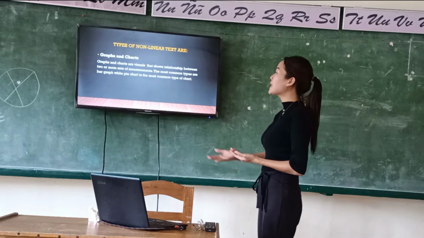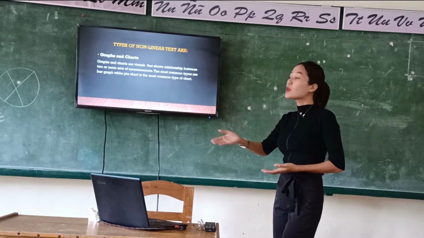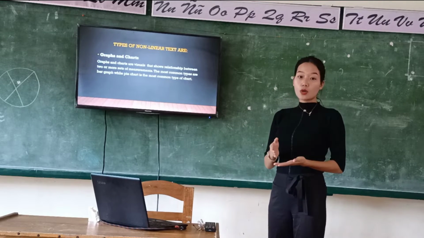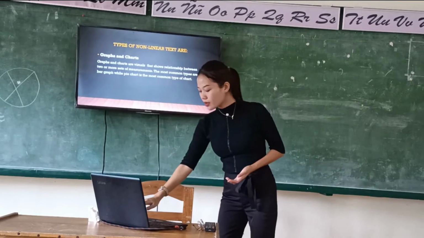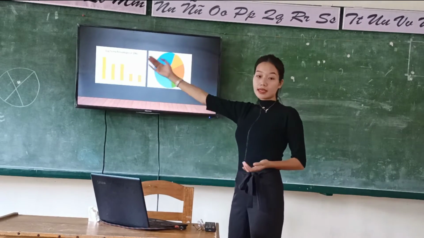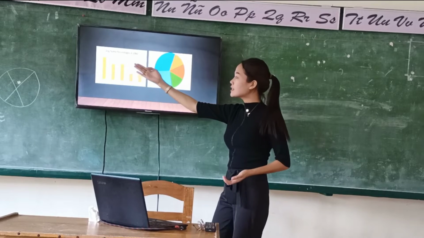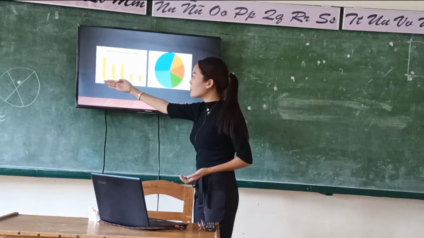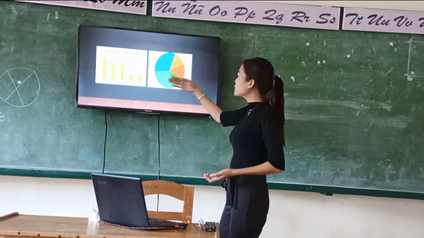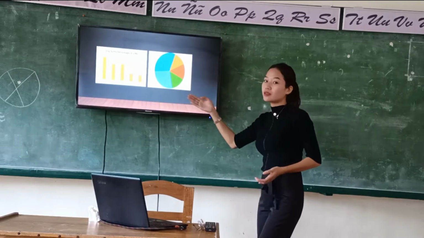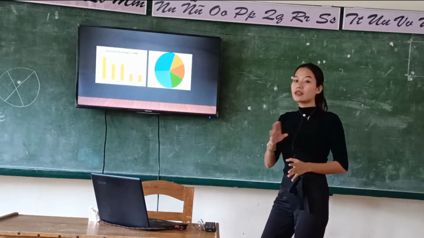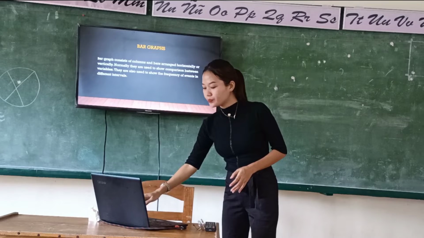The most common type of graph is the bar graph, while the pie chart is the most common type of chart. This is the bar graph. It has the data in numbers and columns. This is the pie chart, which is normally a circle divided into portions.